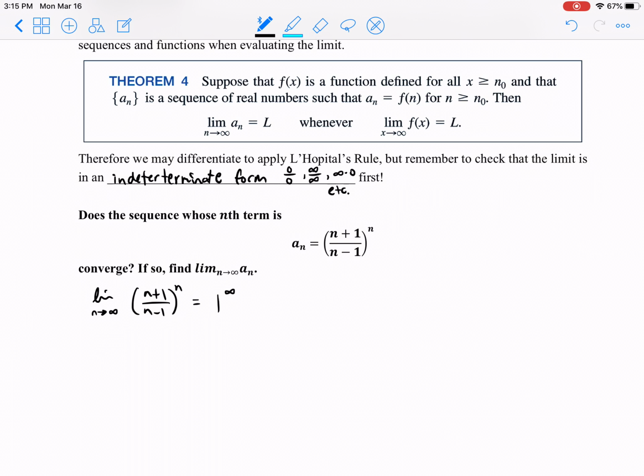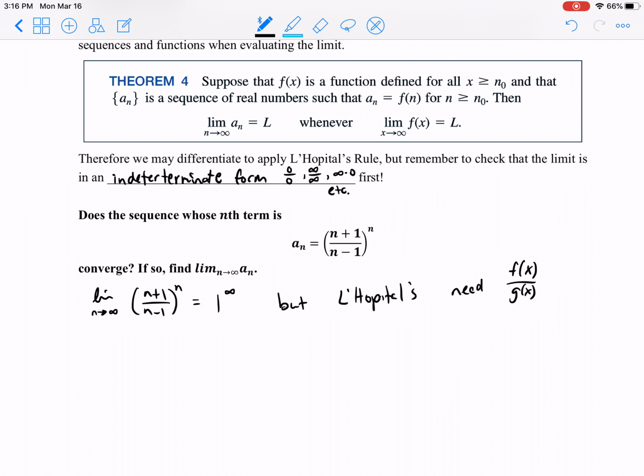All right? But L'Hopital needs f of x over g of x. All right? And we're not kind of having that here.